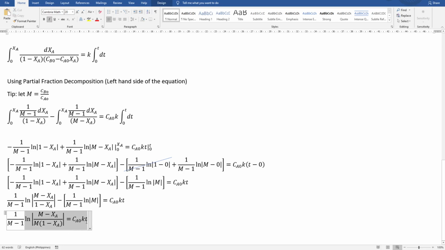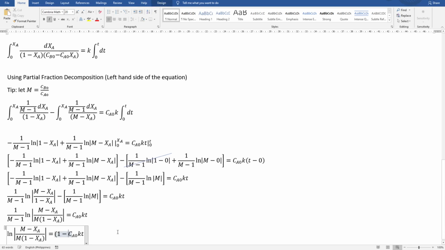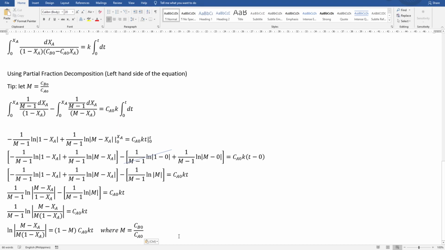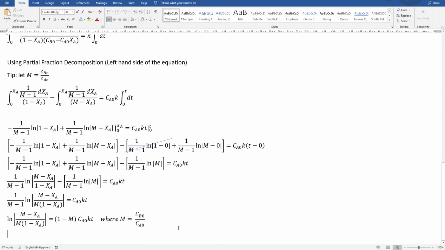So we have 1 minus m, where m is equal to, again, that, where m is equal to, now, this one.